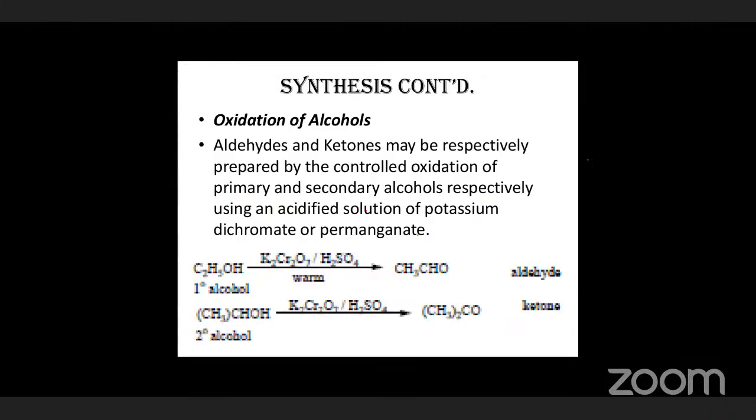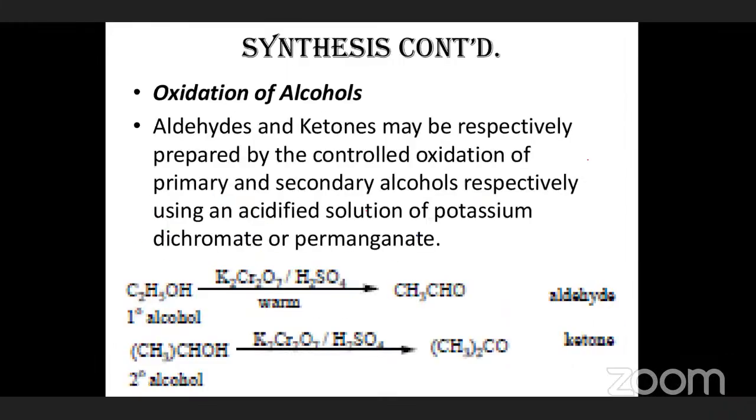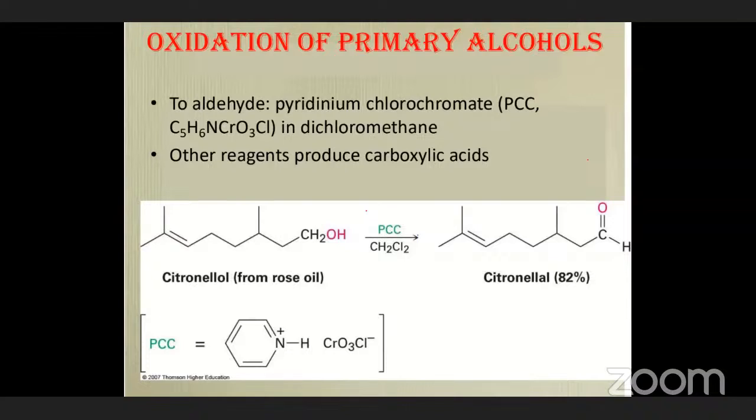Now, you can also use pyridinium chlorochromate, abbreviated as PCC. If you look at the structure in the diagram, you will see that PCC is a quaternized pyridine compound with a chlorochromate counterion. Don't worry yourself too much at this stage about that structure.